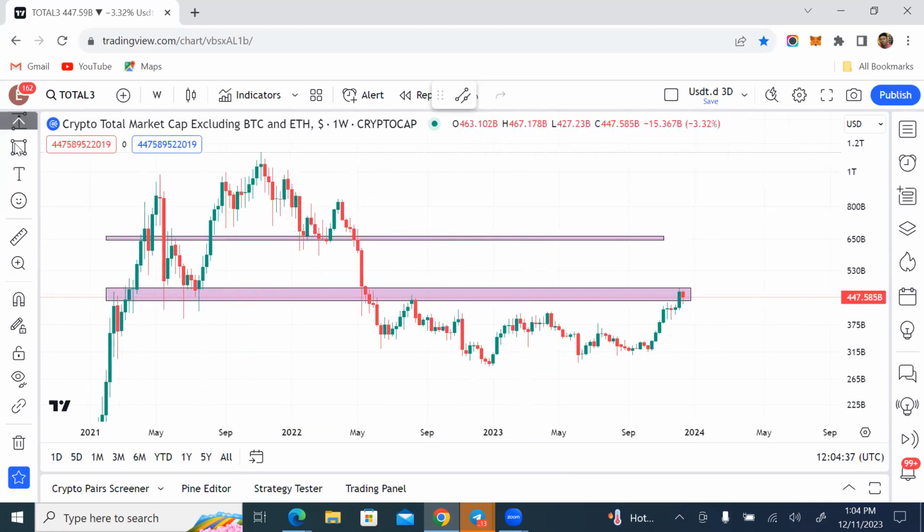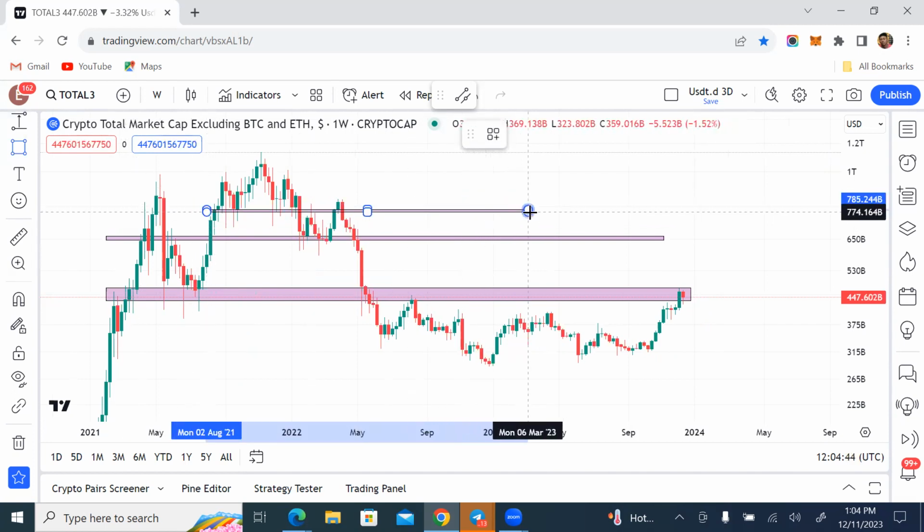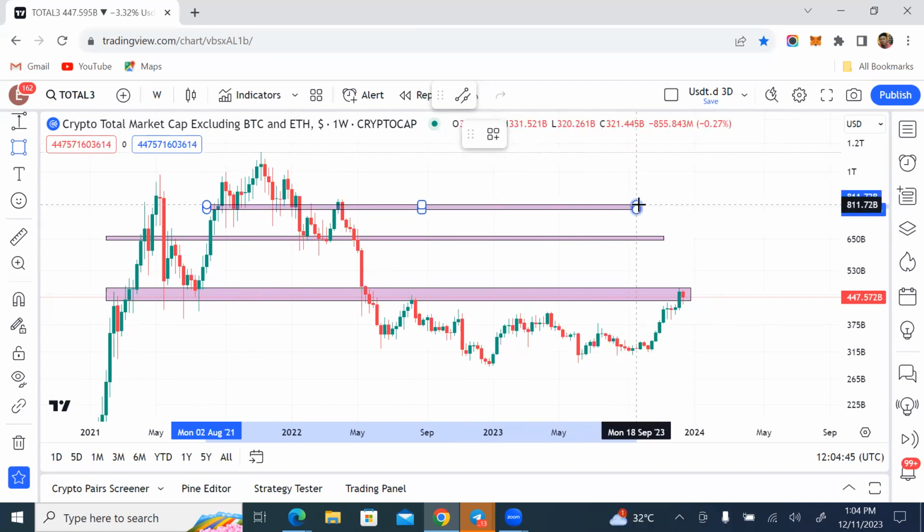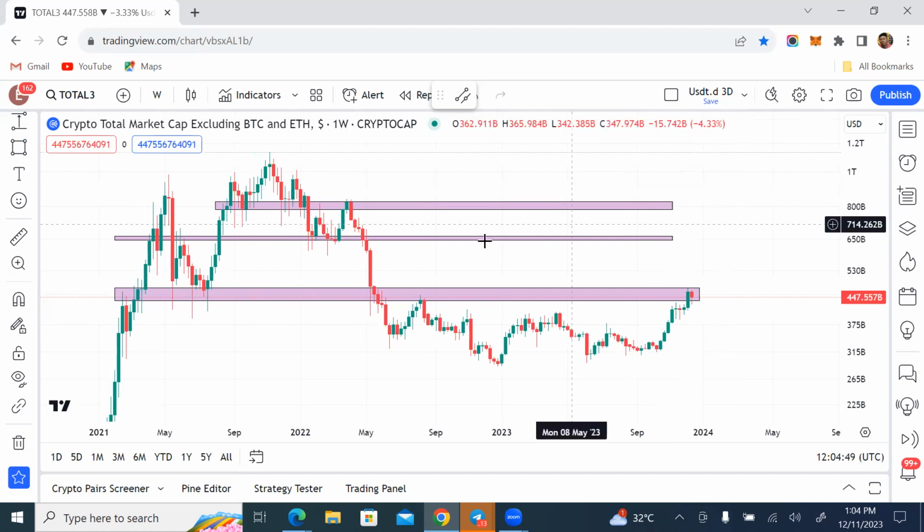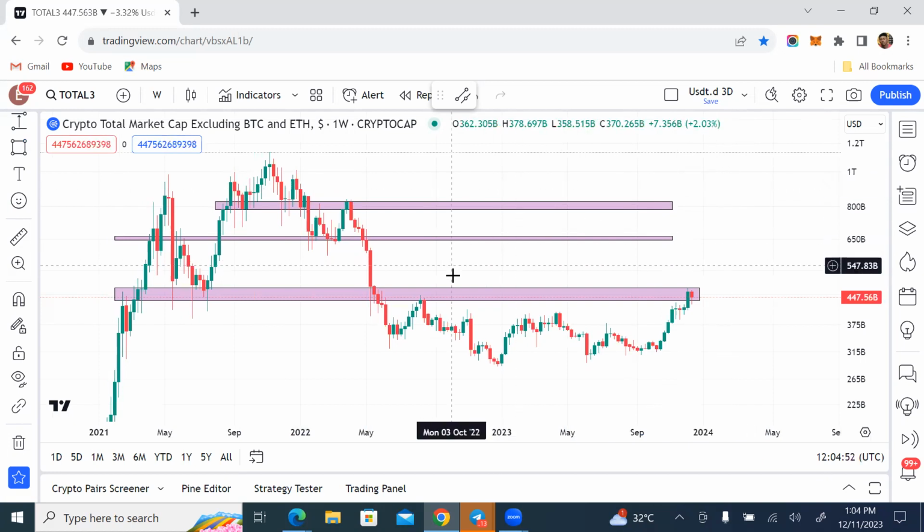And lastly, there's another one here. Another one right here. So we have our key levels already plotted on the weekly.